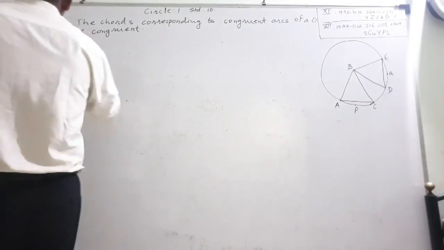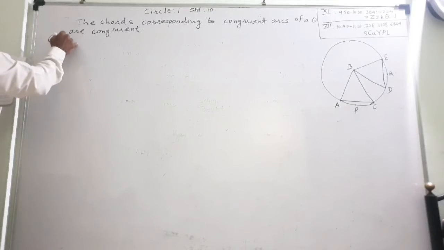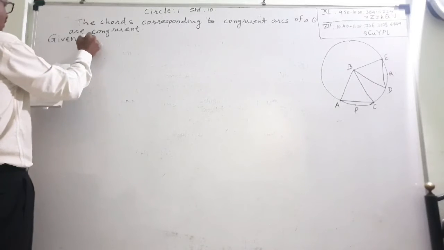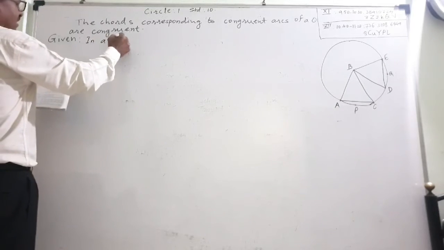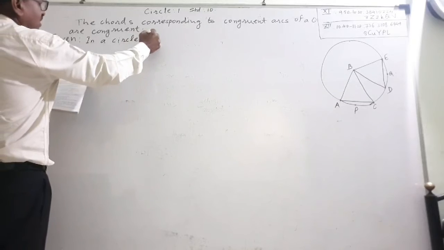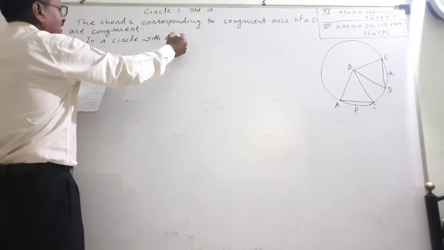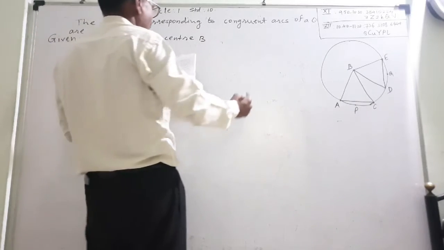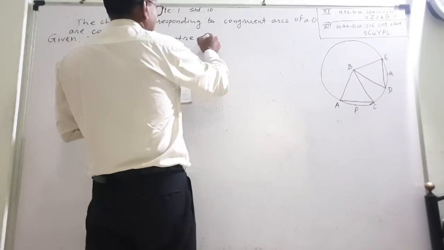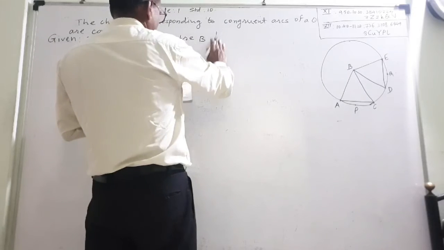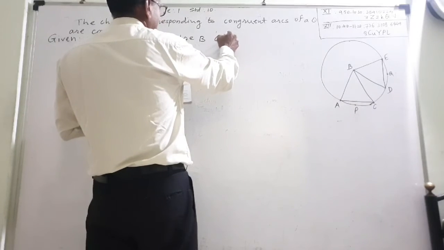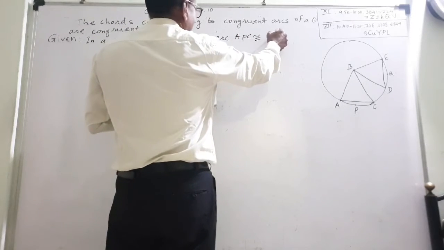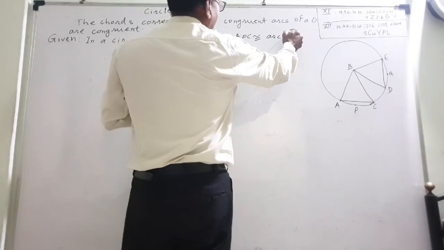So given, I will write given. In a circle with center B, arc APC congruent arc DQE.